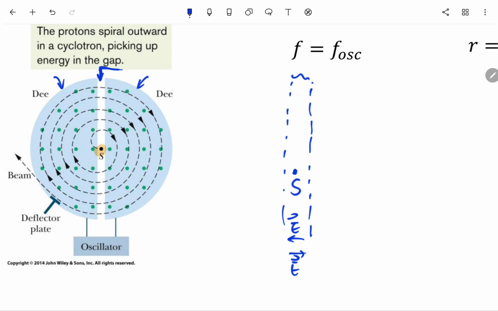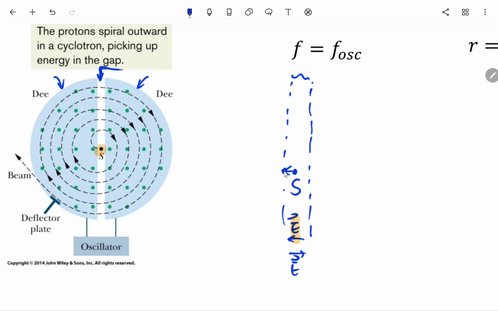Starting from S, if the particle is a positive charge and at this moment the E field is pointing to the left side, there will be an acceleration pointing to the right side. So the particle will accelerate from here up to this point.